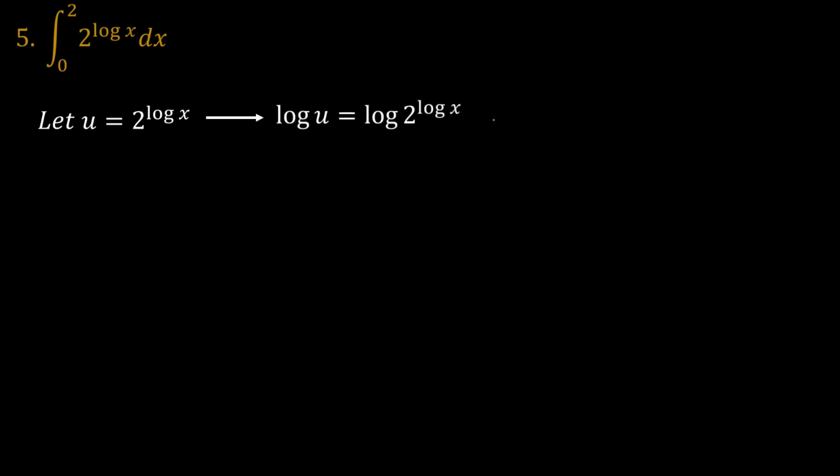Problem number 5, which is the integral from x equals 0 to x equals 2 of 2 to the power natural logarithm of x. We can let u be equal to 2 to the power natural logarithm of x, such that natural logarithm of u is the same as natural logarithm of 2 to the power natural logarithm of x. And then if we take this side, we have natural logarithm of u being equal to natural logarithm of x times log 2.